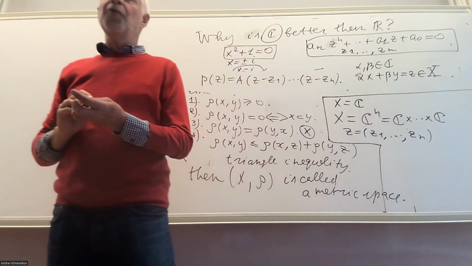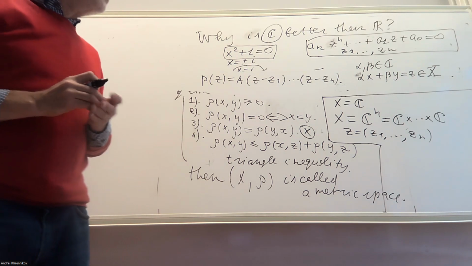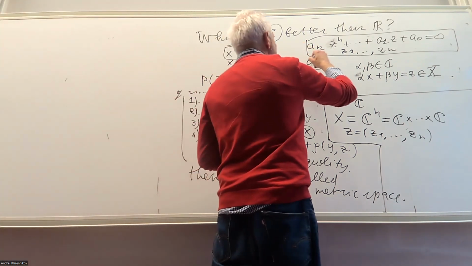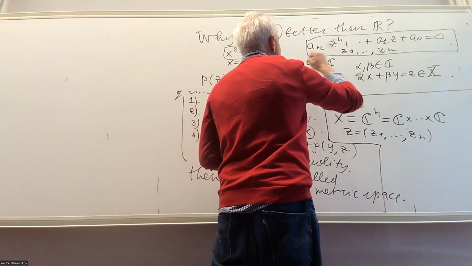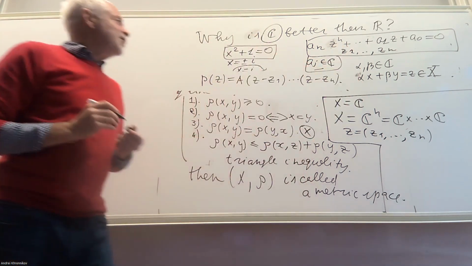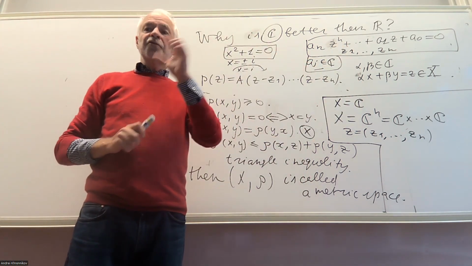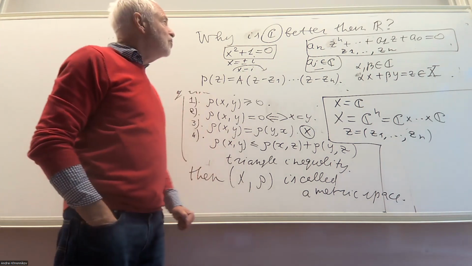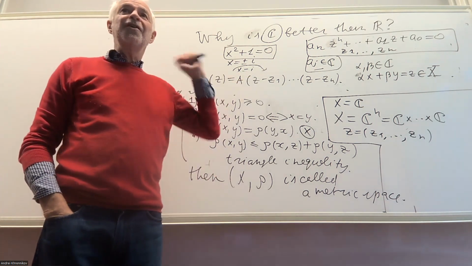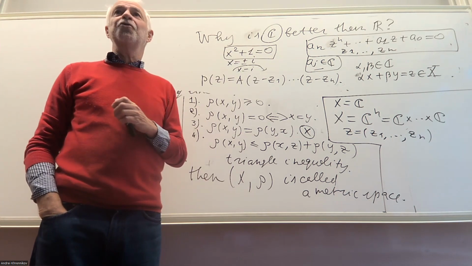So this is the fundamental theorem of algebra, that any polynomial with complex coefficients, a_k complex, in particular real, can be expanded in a product of one-dimensional factors. And people use this everywhere in applications. In real numbers, we cannot do this.